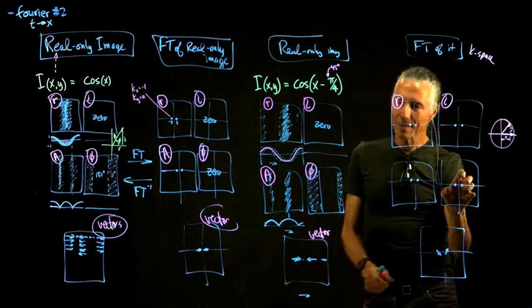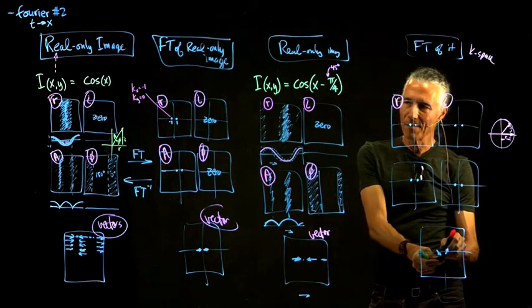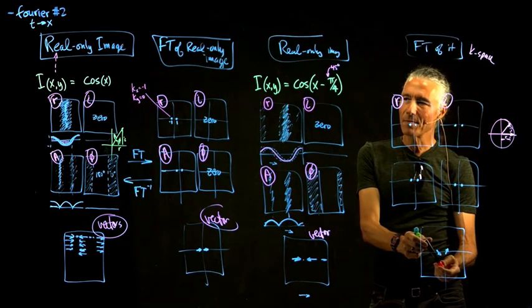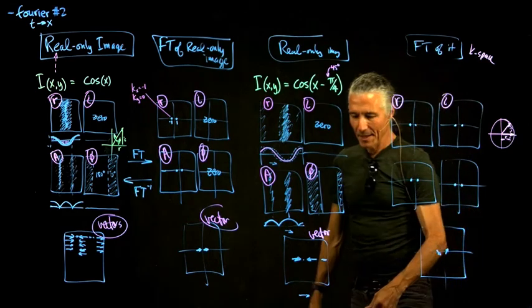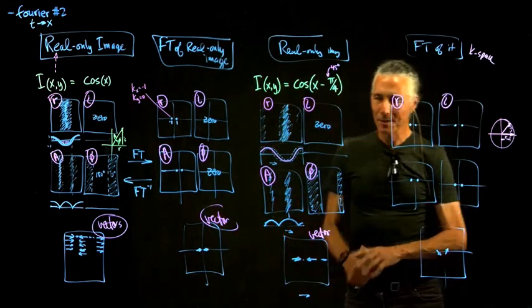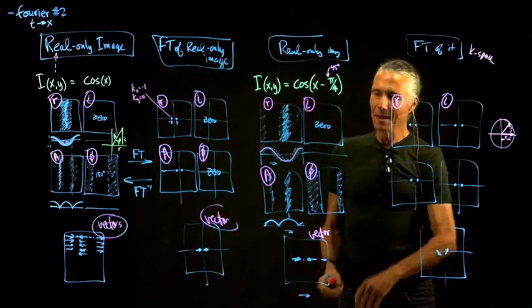And what are the non-zero parts? Well, it rotates this guy 45 degrees, and it rotates the negative frequency part negative 45 degrees. And so this is the first of many very hard to remember things.